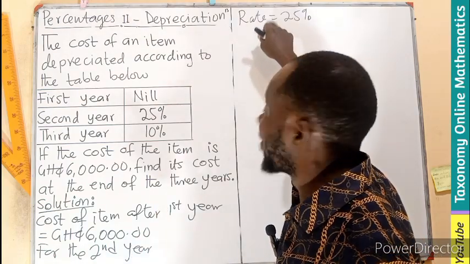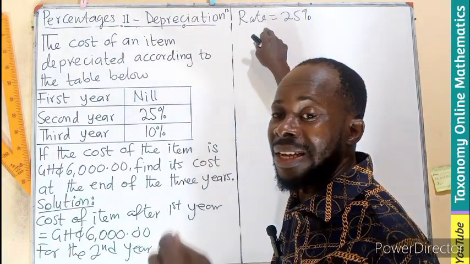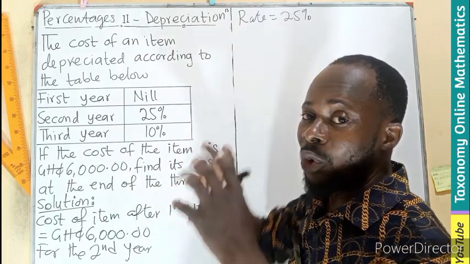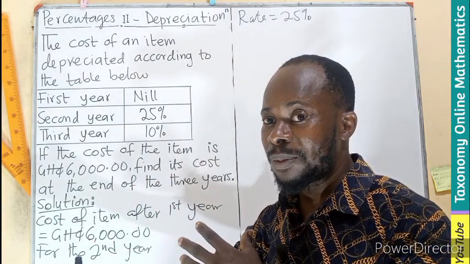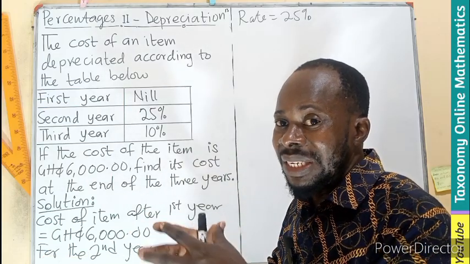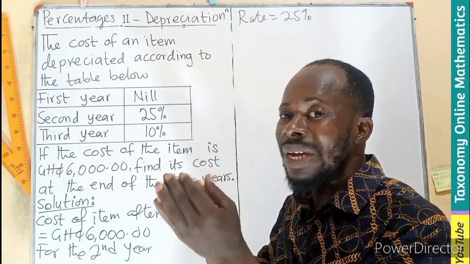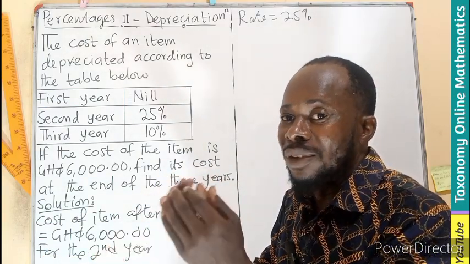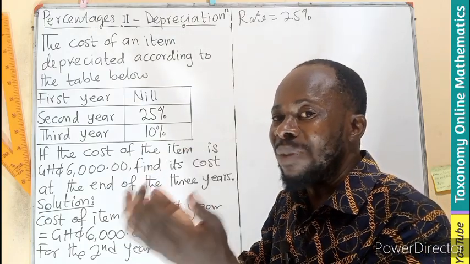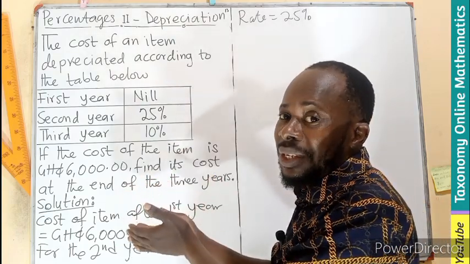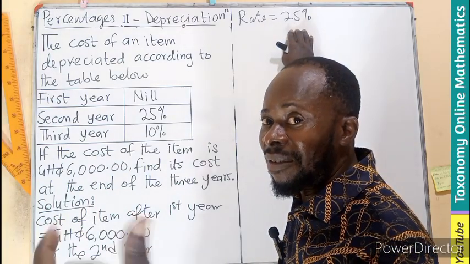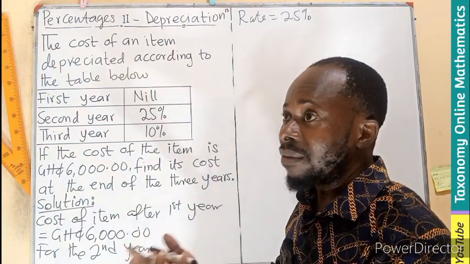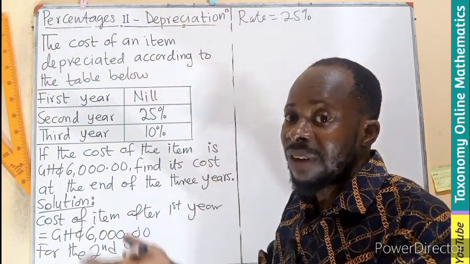This rate of 25% corresponds to the value 6,000 depreciating. But the value of the machine itself is no more going to be worth 100%. There's a reduction by 25%, and that makes it 75% value. The value will now be worth 75%.